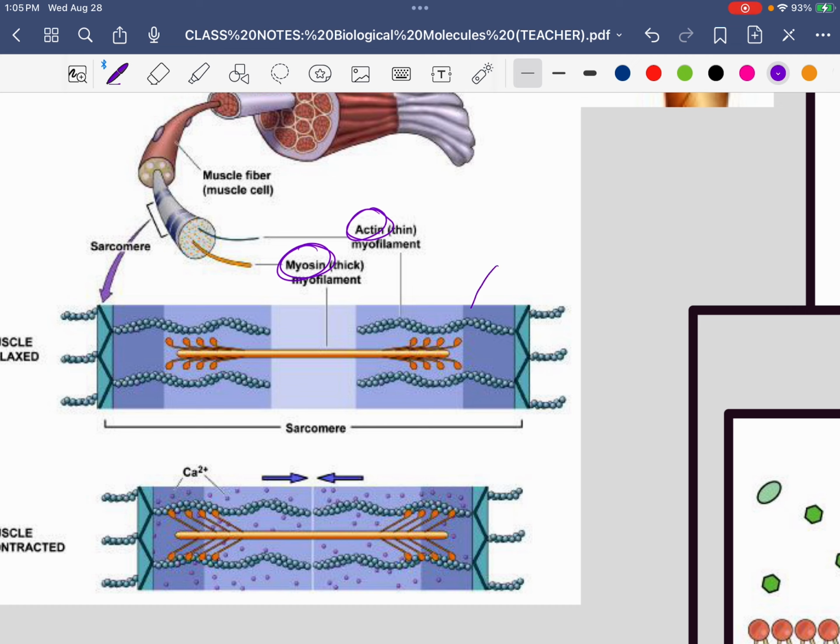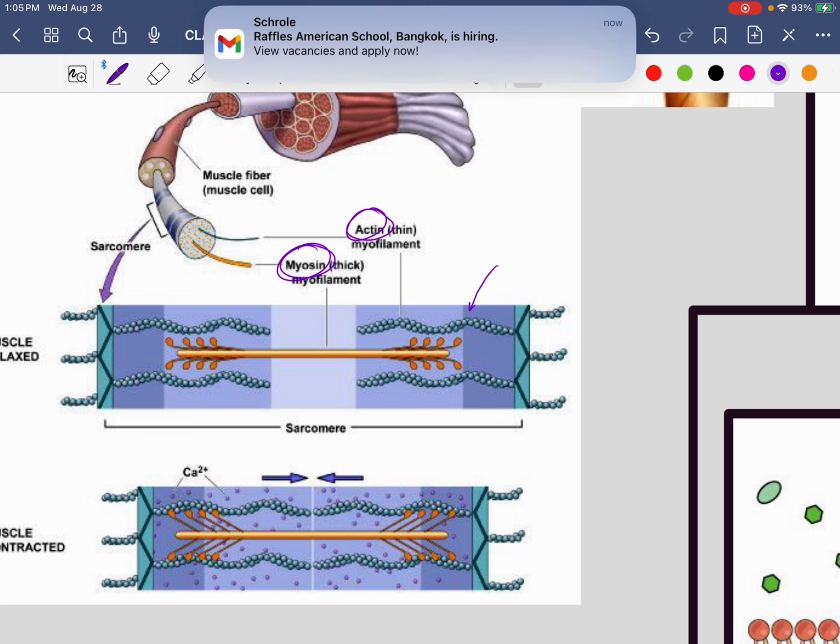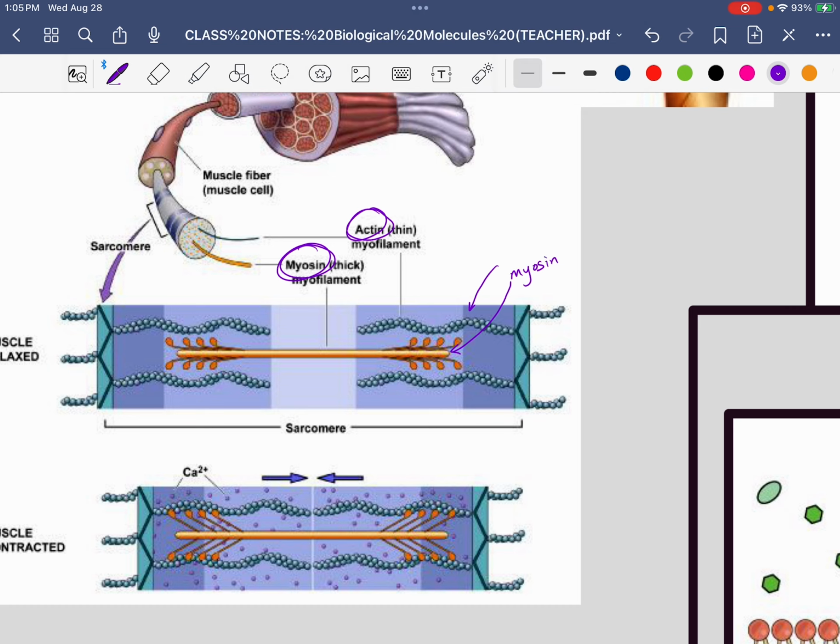One of these is actin, the other one's myosin. I think this is myosin, and actin. And what they do is they slide over top of each other.